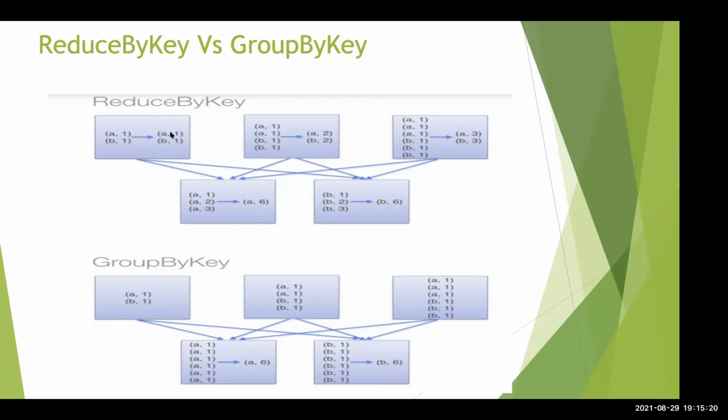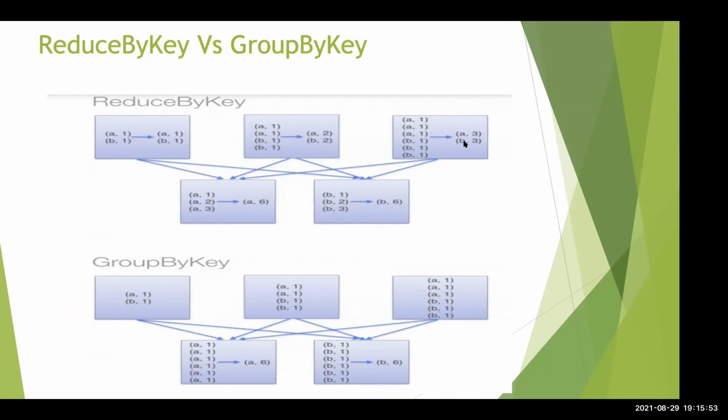If you use reduce by key, of course 2 will be shuffled from here, but there's a local combiner which is working. Let's say in reduce by key I'm doing a summation, as you saw in the summation function above. Then the summation will happen on that node itself first. So a comma 2 and b comma 2: instead of 4, it will transfer only 2 records from this node. And here instead of 6, it will shuffle only 2 records.